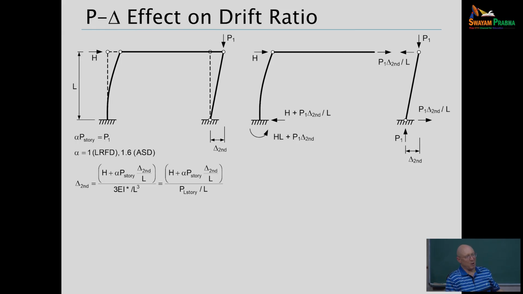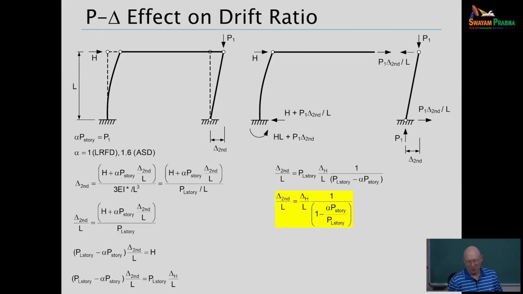If I want my deflection of the cantilever, I need to divide that by 3EI over L cubed. Then the second equation puts that in terms of the stiffness PL story. Okay? And so we can solve that for delta second. But now we have delta second on both sides of the equation. So we need to simplify the equation and solve for delta second, right? So that's where we'll do a bunch of algebra.